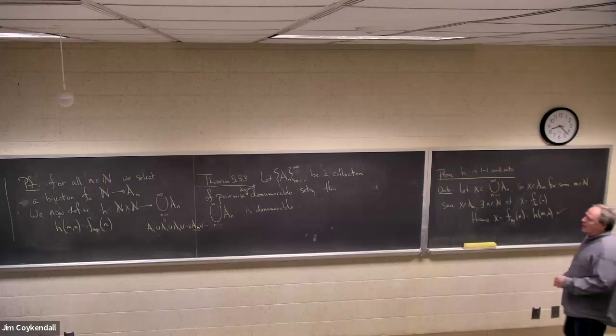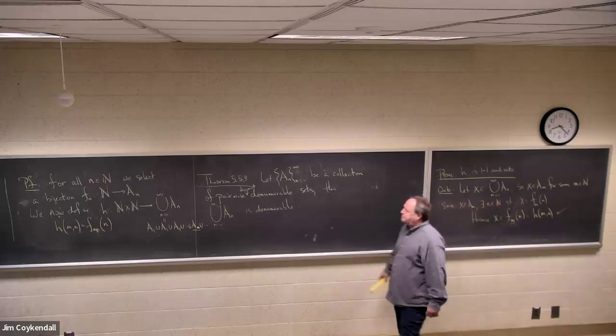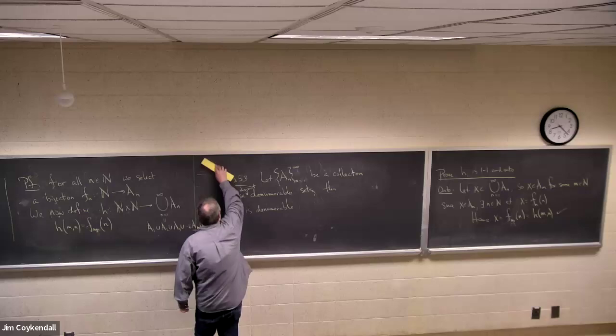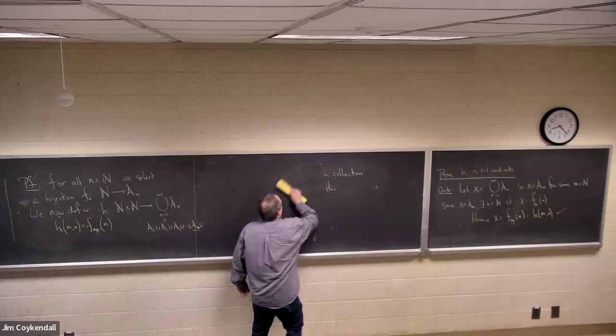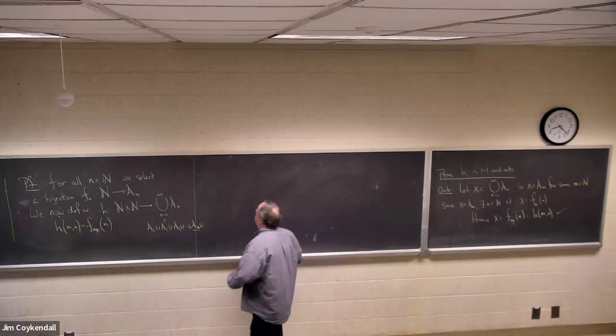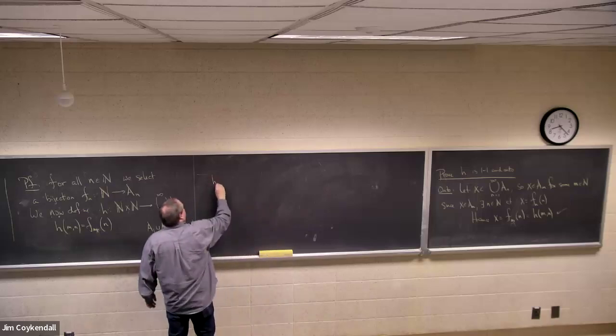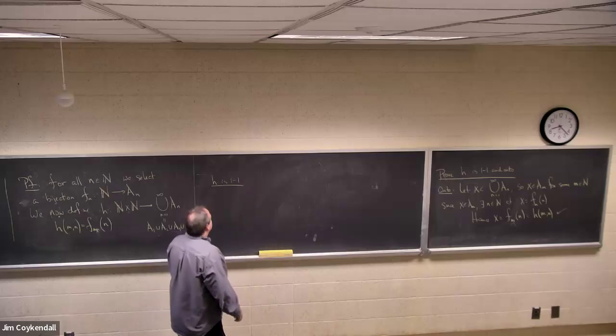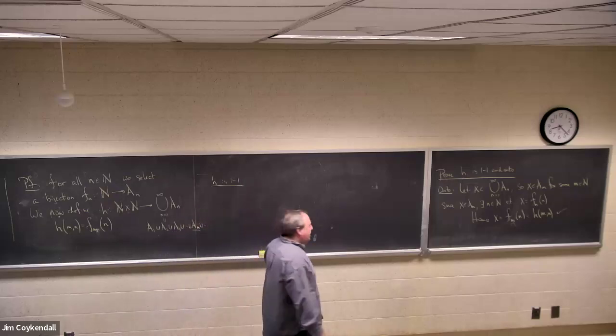Okay, how about one to one? One to one, I think we're going to have to use this disjoint. Suppose H(N, M) equals H(A, B).